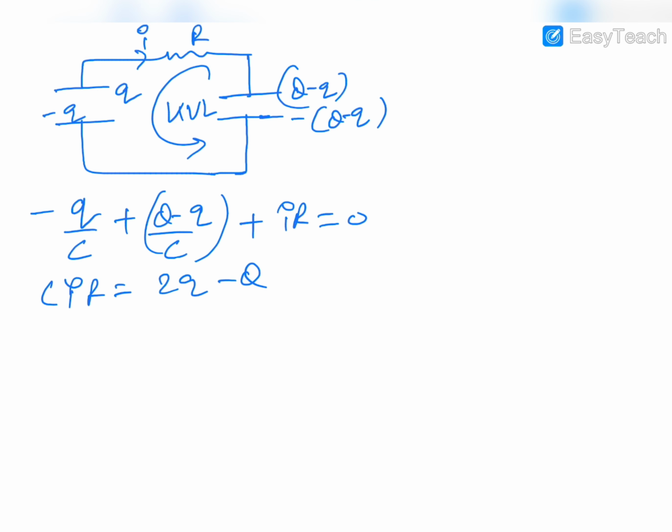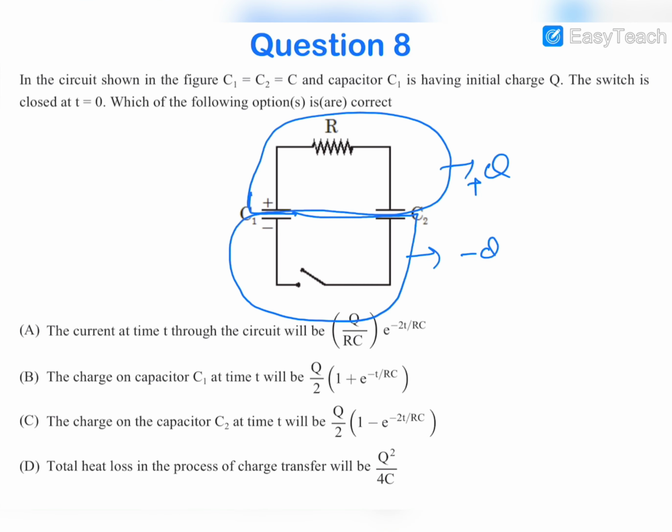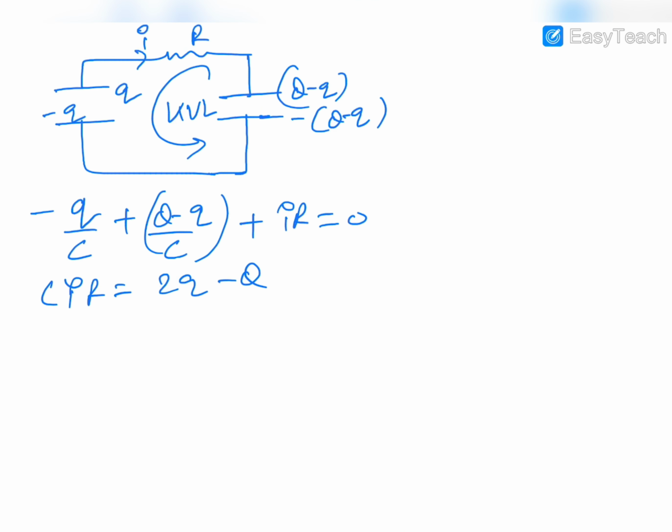So therefore we can say that current is decaying, or we can also say that the charge on the capacitor is flowing from this plate to this plate. So q, this q was initially capital Q, but it is now decaying. So we can say that I will be equal to minus of dq by dt.